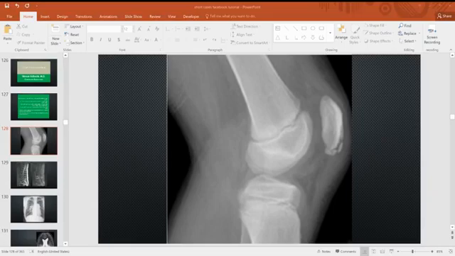Take some 10 to 20 seconds to see the X-ray of the knee, lateral view, and write your answer.